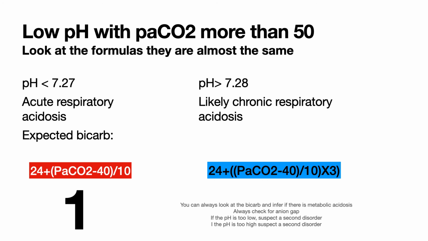But let's say that you need to calculate. As you can see in the first formula, you multiply the last values, PaCO2 minus 40 divided by 10, times 1, because this is acute, so the kidney does not have a lot of time to do any compensation.